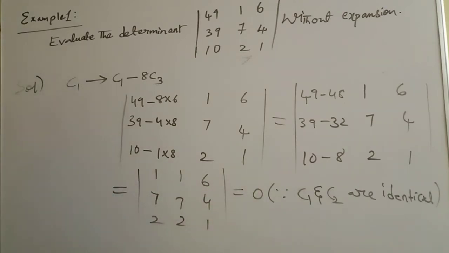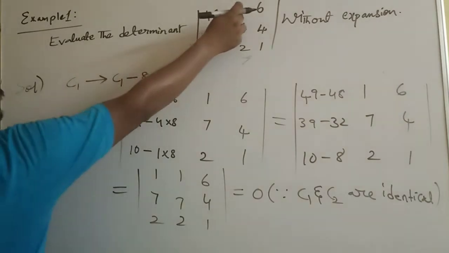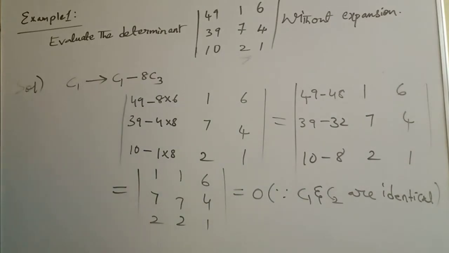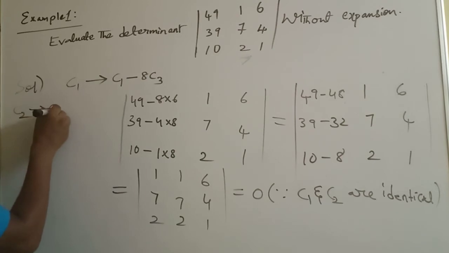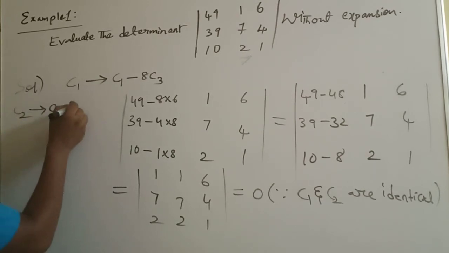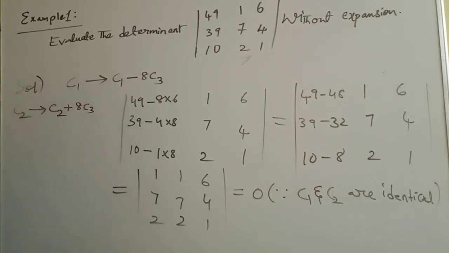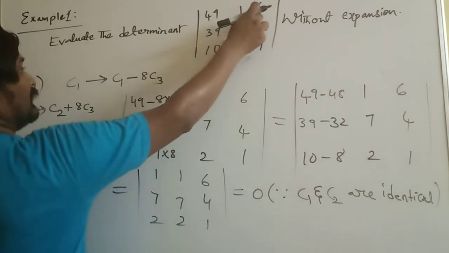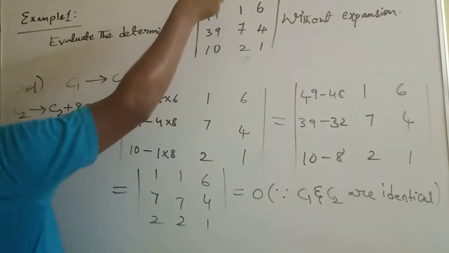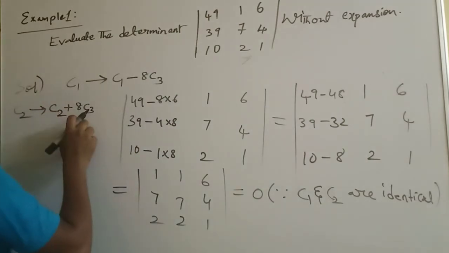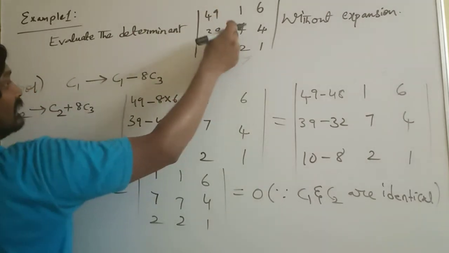And you may ask, sir, you said there is another way, how is it? Another way is also simple. Here I need 41, so what I will do is C2 tends to C2 plus 8C3. Then 1 plus 6 into 8, 48. 1 plus 48 is nothing but 49, then 39, then 10.